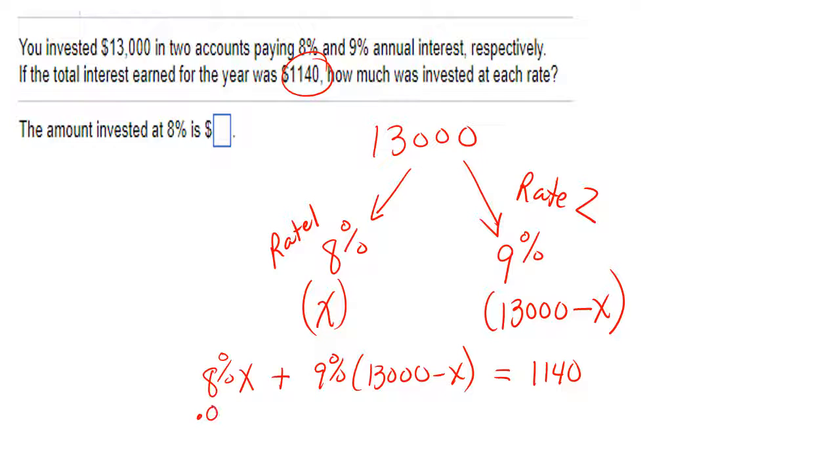This is 0.08x plus 0.09 times 13,000. And I would go in here and distribute 0.09 times the 13,000. That will give me 1,170.